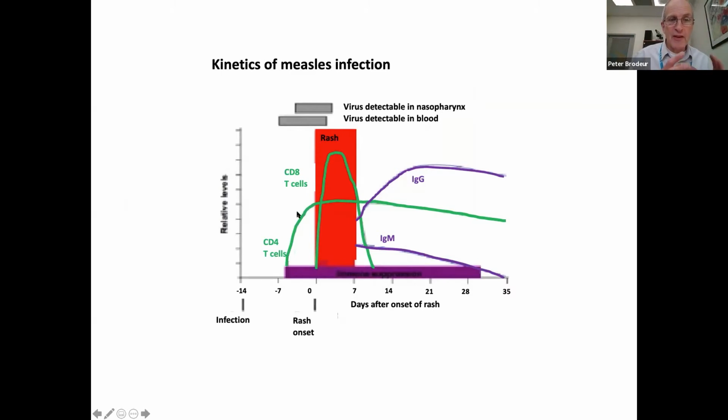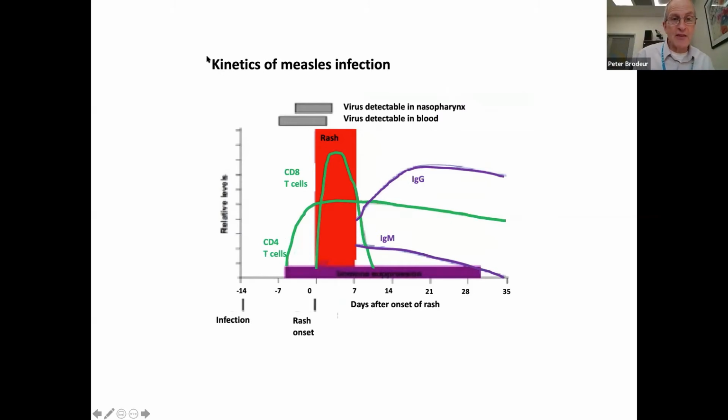So remember, the measles is growing. The dendritic cells have picked up measles virus proteins, brought them to lymph nodes, and turned on CD4 cells. Following the CD4 cell activation, we see the spike in CD8 cells, which corresponds with the rash, because the rash is actually largely the result of this cell-mediated immune response fighting the virus in the skin.